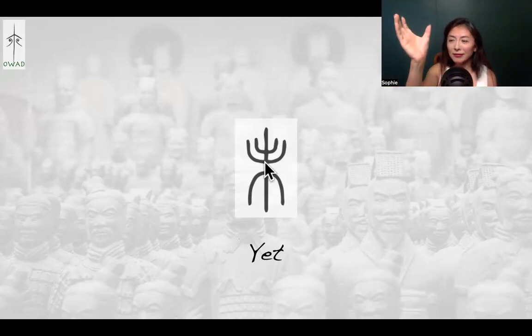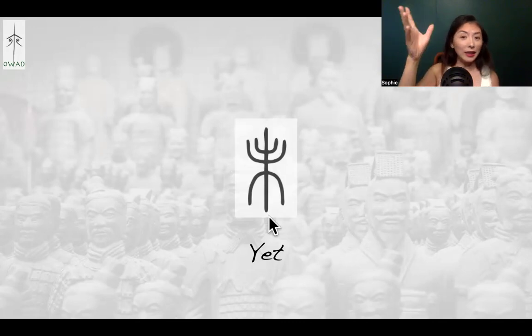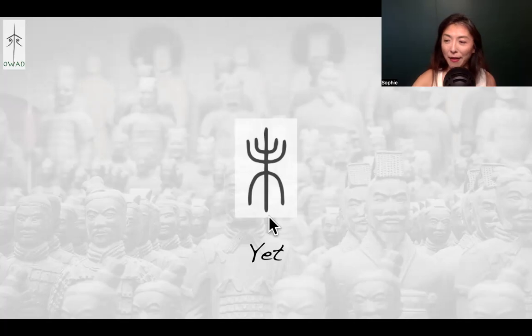When this canopy is flourishing, it grows more layers, representing the trunk, the branches, the twigs, the leaves. It's a full grown future tree. So that means it hasn't happened yet.